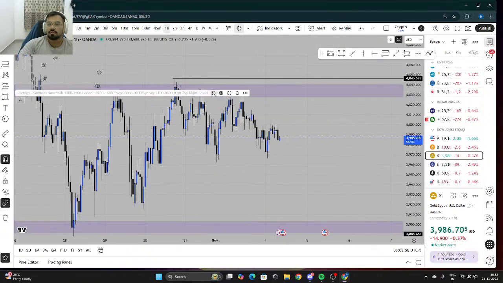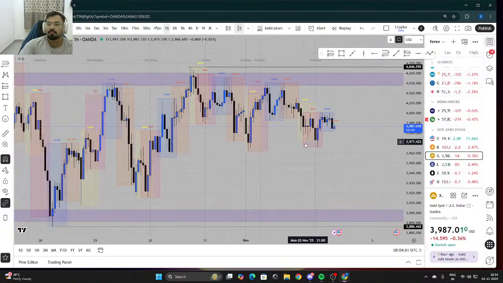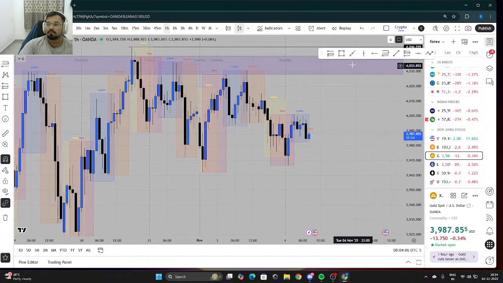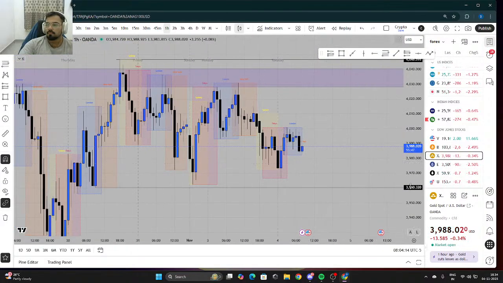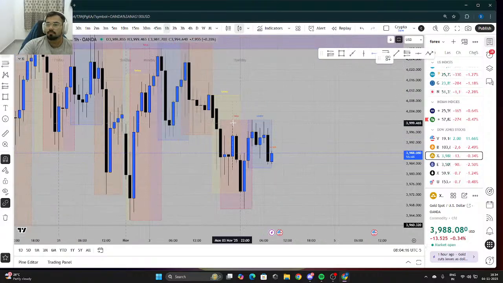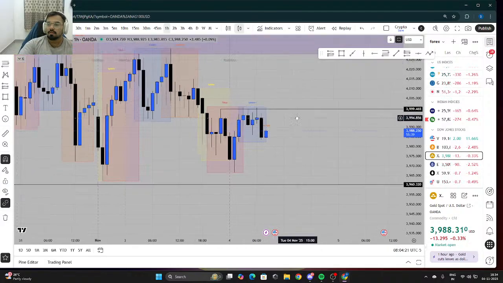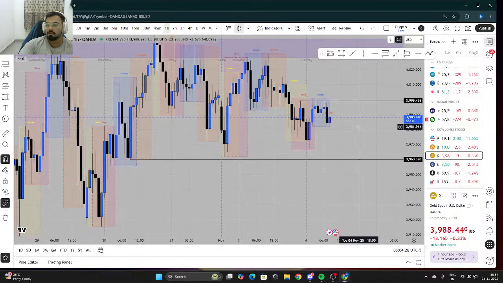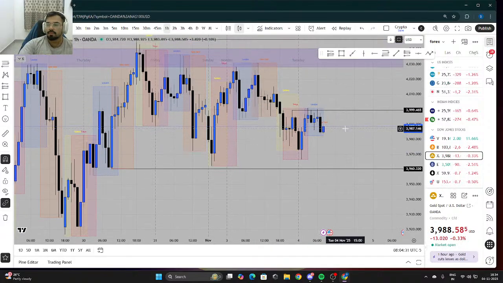Now I'd like to see which session has done what. This is a good absorption, but needs some extra confirmation. We look into order flow. There are some great setups, but it's a good absorption after all.